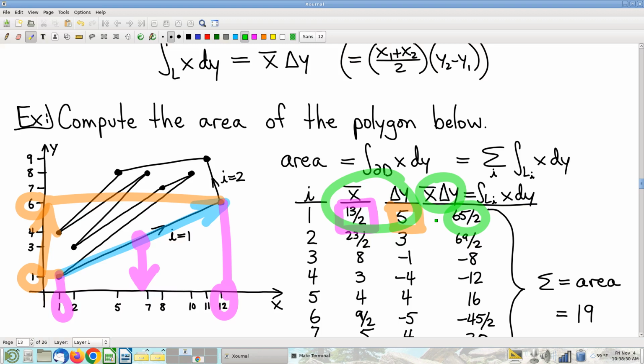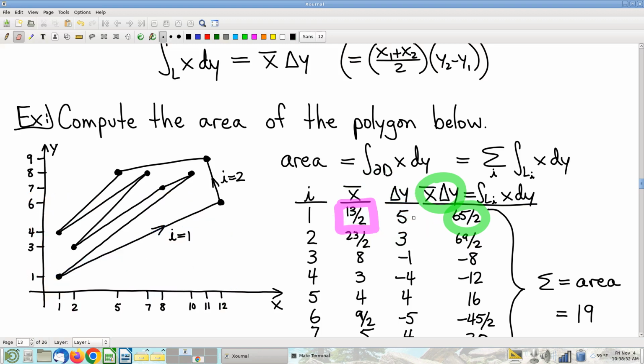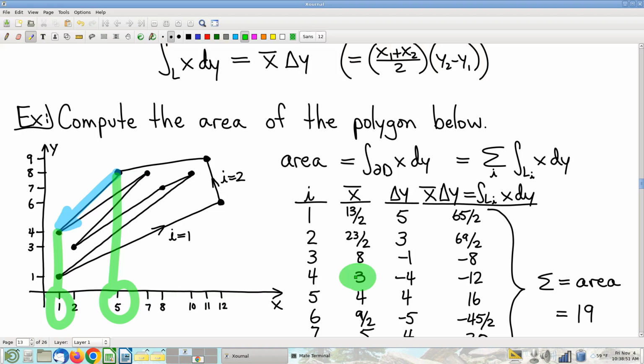And then just keep going. You can just do this for one edge after the next. Now, just for fun, let me do the fourth one. Let's look at this edge right there. We have x goes from 5 to 1. The average value of that is 3. Looking at this fourth edge, let's see, how much did y change?